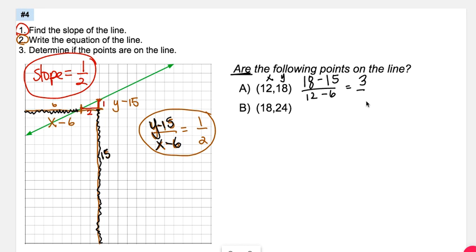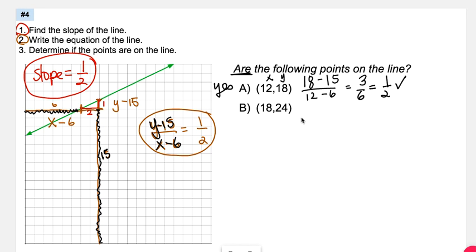I'm like, hold on, that doesn't look right. 3 over 6, which equals 1/2, which is exactly what I want. So A is yes. Now, if you have a different equation than me, when you substituted and you put the 18 for y and 12 for x, you should have also gotten a fraction that simplifies to 1/2 or whatever your slope is, which should be equivalent to 1/2.